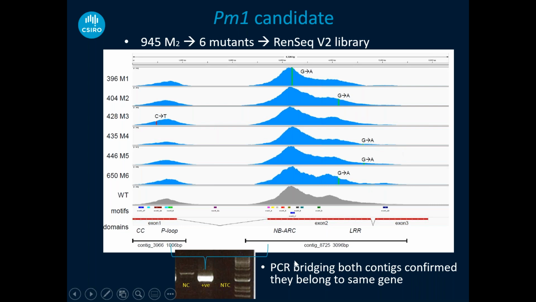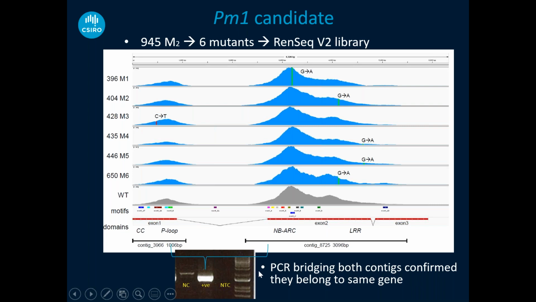And so I had to perform fragment fishing to find this other contig containing the complementary CC and P-loop motifs that were missing from the original contig. And luckily, the mutant that had the missing SNP in the original contig had that SNP in the new contig that I found.